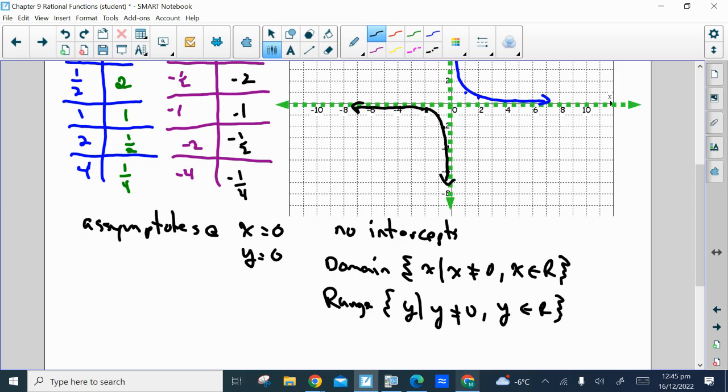Okay, but that is the base graph of y equals 1 over x. That is the base graph that we'll be starting with for almost all of our rational functions. So we'll be doing transformations of that.